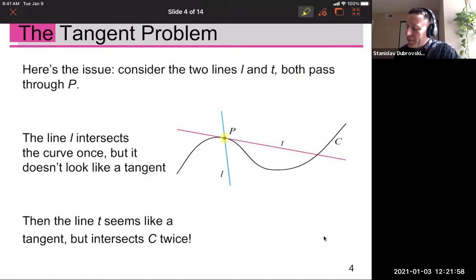On the other hand, we have what appears to be a good candidate for a tangent line, this T. But it does intersect the curve in two places, at P and also at this other point. So clearly this definition of intersecting the curve exactly once no longer works for more complicated curves than a circle.